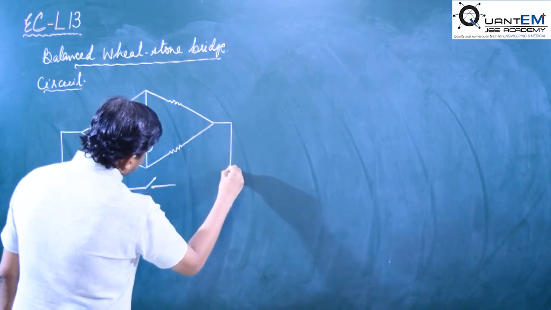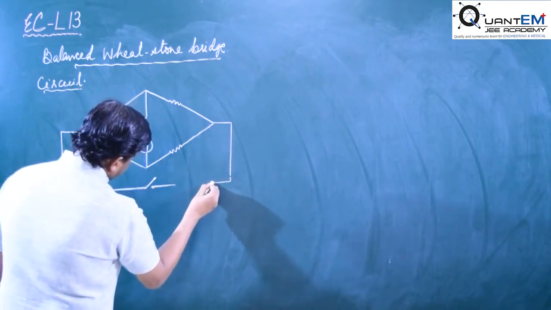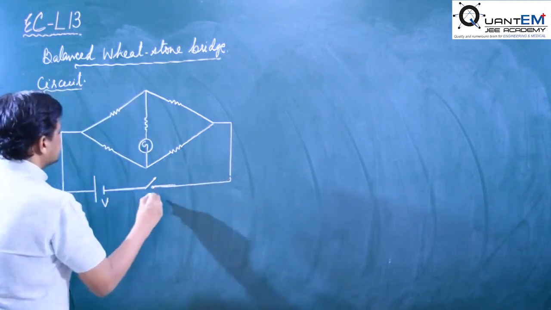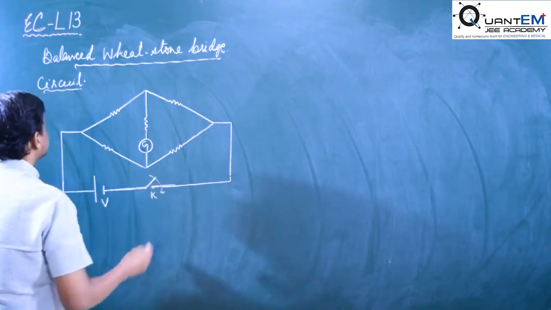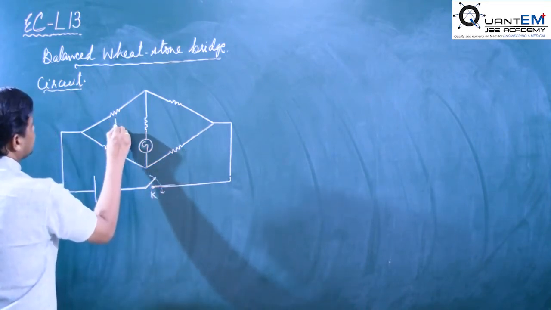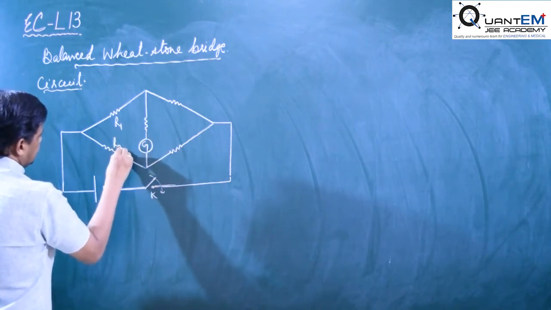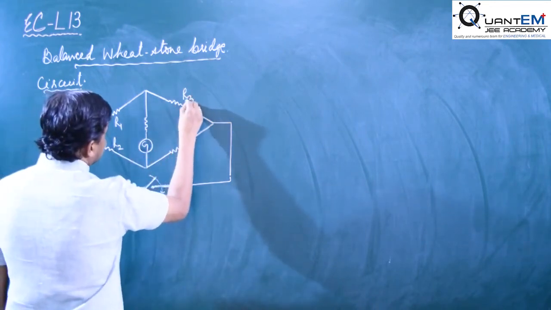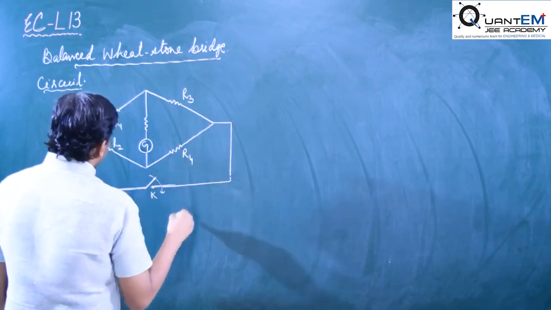This one is the key. Here resistance we have R1. Here resistance is R2. Here resistance is R3 and here resistance is R4.